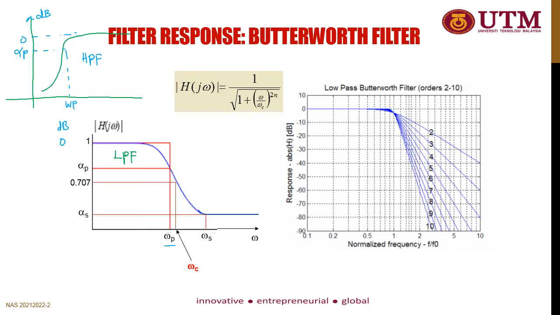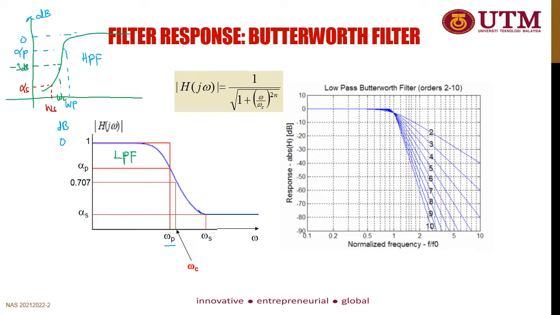And then for the high pass filter, omega s is the stop band frequency, and alpha s is the stop band gain, and then you have the cutoff frequency omega c at minus 3 dB. So here is omega c, and we can call it alpha c, or negative 3 dB, for the cutoff area.